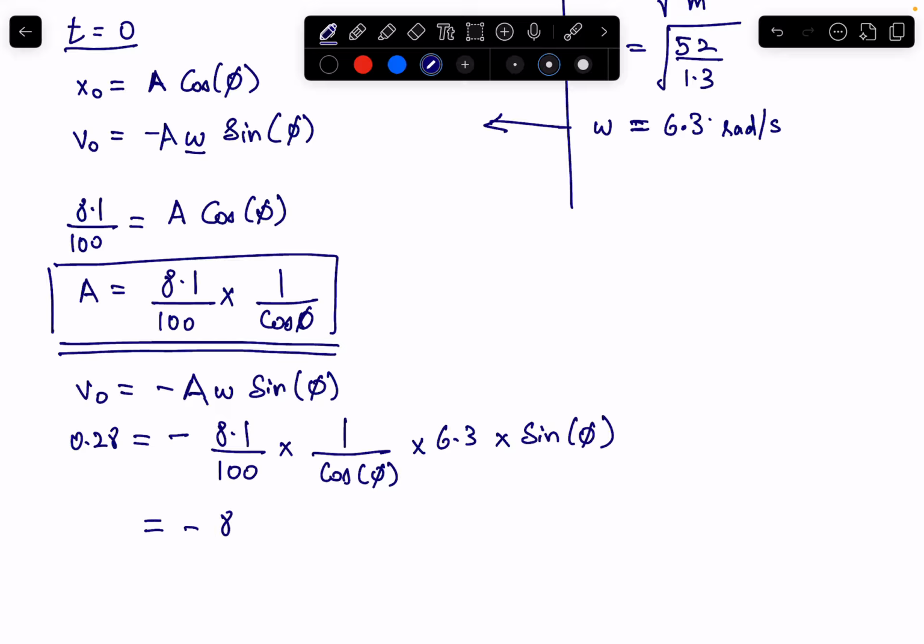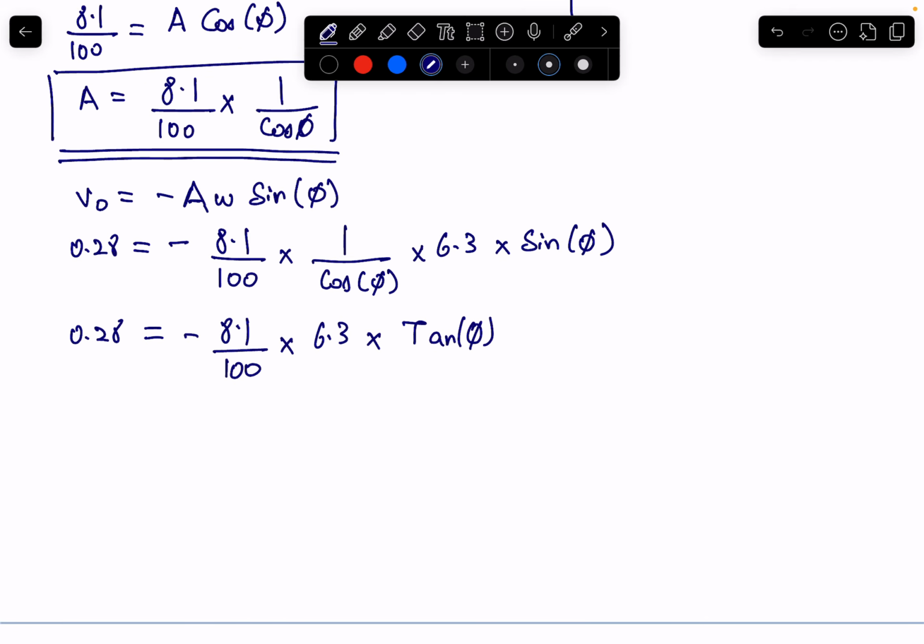Simplifying this equation, I get 6.3 multiplied by tan of phi, because sine of phi divided by cosine of phi is equal to tan of phi. This is equal to 2.8. So moving things around in this equation, I get tan phi on one side.